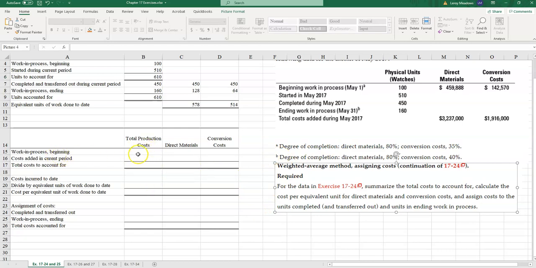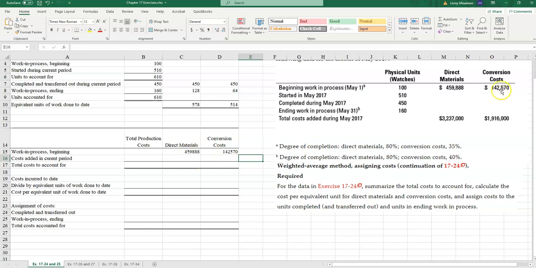We need to figure out how much cost we have in beginning inventory. The problem told us over here, beginning work in process inventory, we had direct material costs of $459,888, and for conversion costs, we had $142,570.